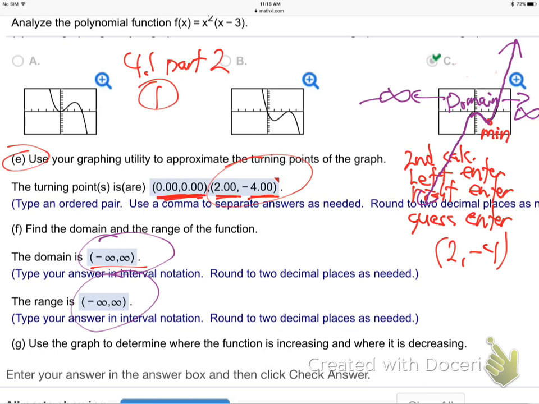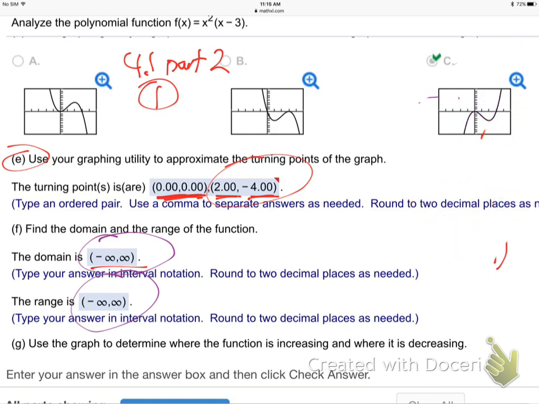Okay, now, question G. Use the graph to determine where it's increasing and where it's decreasing. Where's the graph climbing? Where's the graph going down? Like if you're climbing on a mountain or something. So let's see if we can find that.